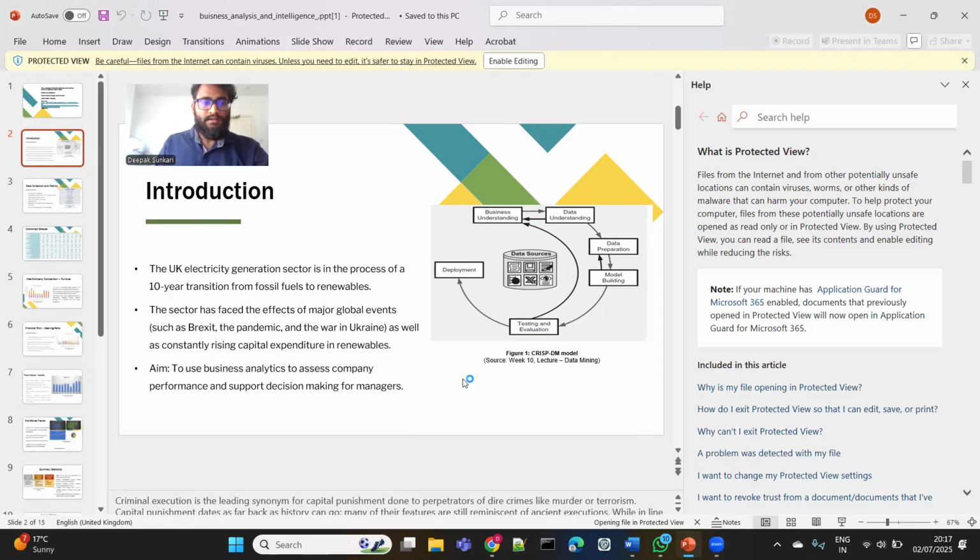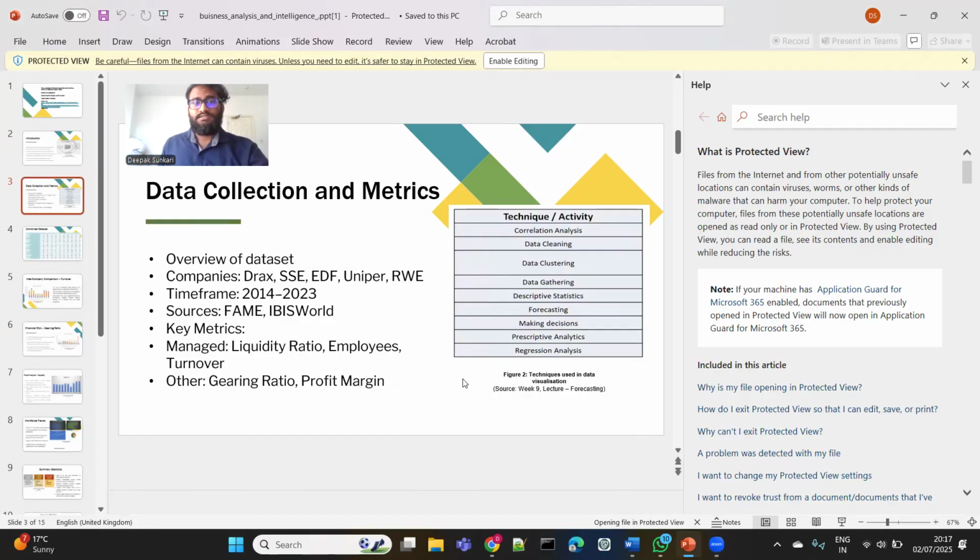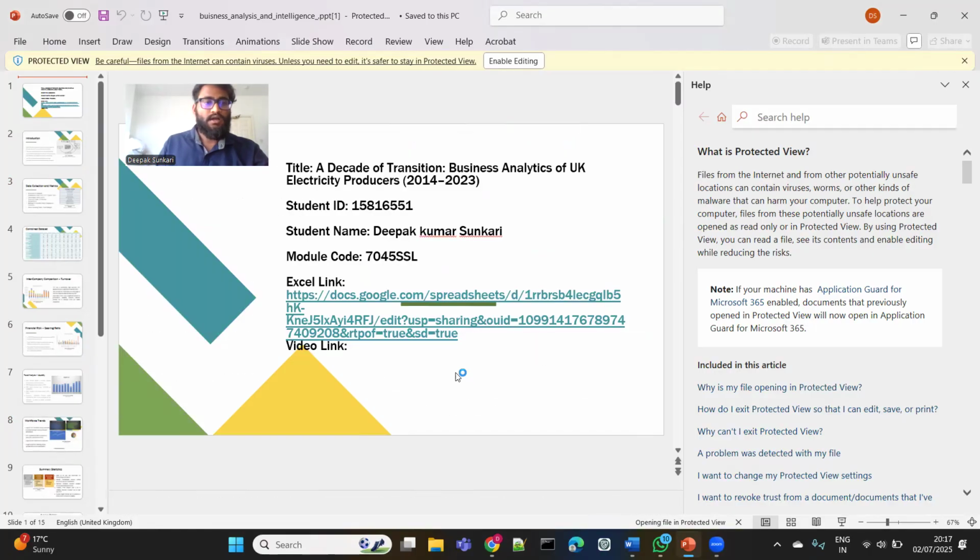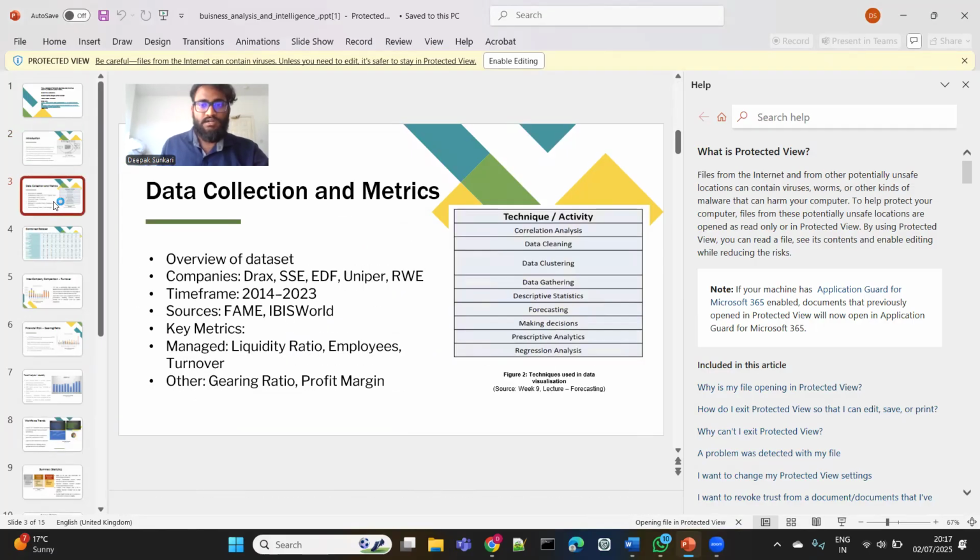and findings. Next one is collection and metrics, where the overview comes here. For the data visualization and findings, the sources are weeknight lectures and forecasting.